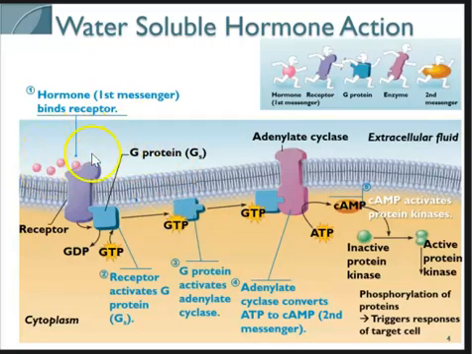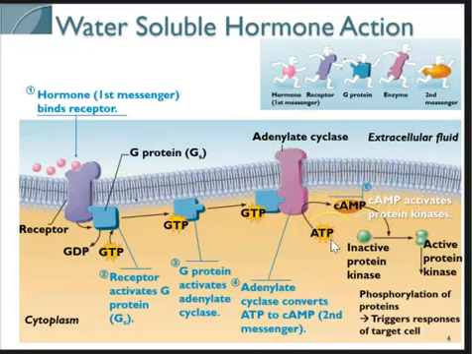Hence, the receptors for the water soluble are on the outside of the cell, facing the outside of the cell. So hormones bind to these receptors, and they will start a cascade of events. It's very similar to what we had in our eye, in the rhodopsin, right? So here the emphasis is on the receptor with information being passed on with the G protein, adenylate cyclase, which converts ATP to cyclic AMP.